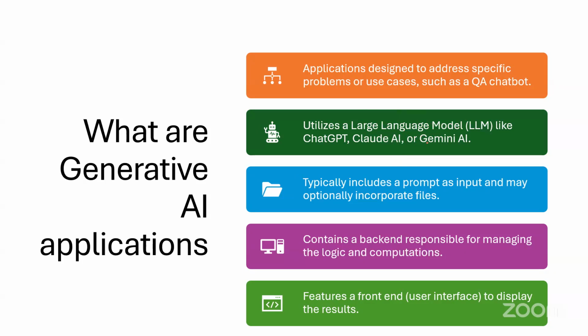That is a different story; we will discuss it in detail in tomorrow's class. Some applications of large language models are ChatGPT, Claude AI, or Gemini AI. These are built-in tools that we can use without writing any code, or you can create your own application using these AI tools.